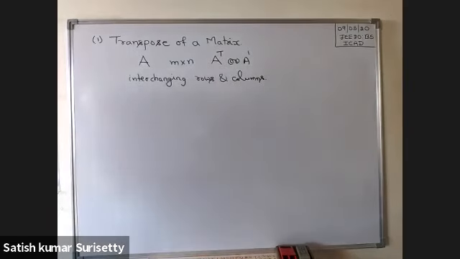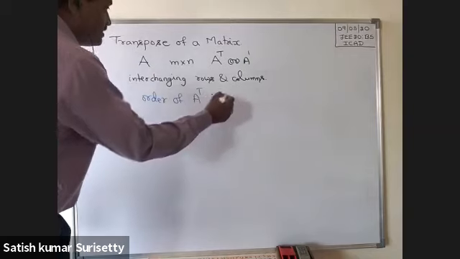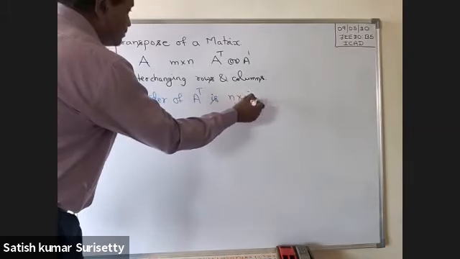Interchanging rows and columns. Now, can you say what is the order of the transpose? n by m. That is, the order of A transpose is n by m.